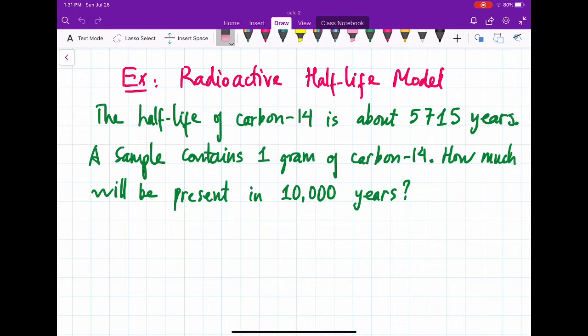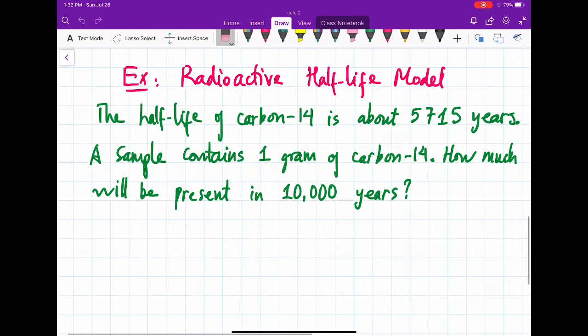We have a sample that contains 1 gram of carbon-14, and the question is how much will be present in 10,000 years. Okay, so we need to find a model that helps us to find the amount of carbon-14 in 10,000 years.